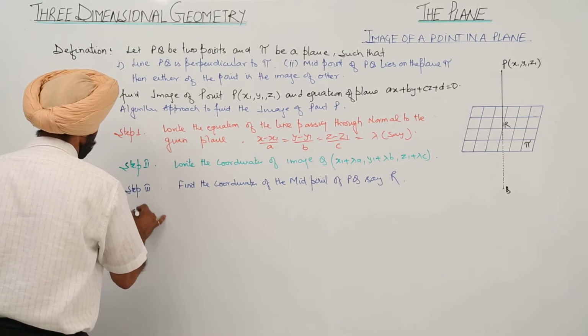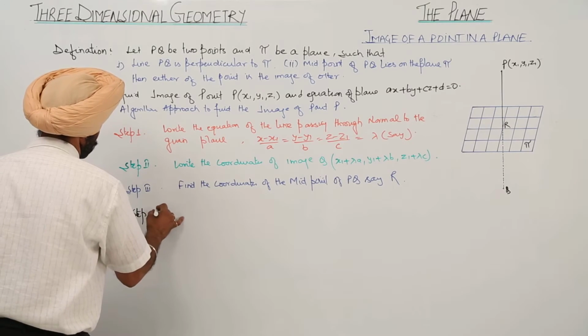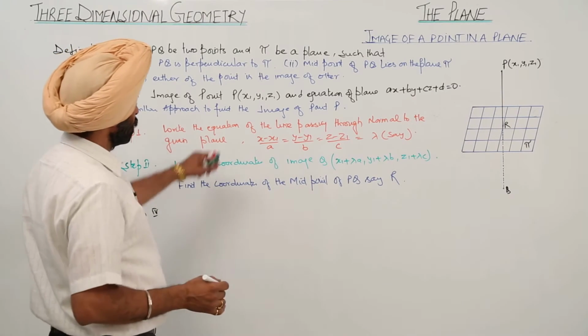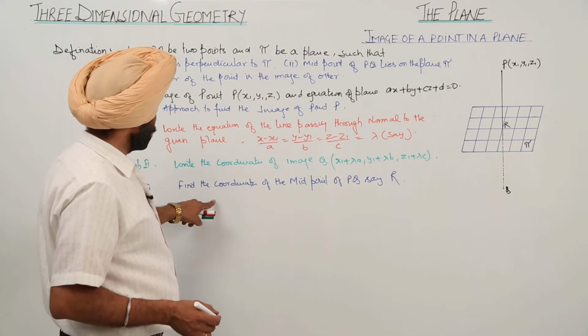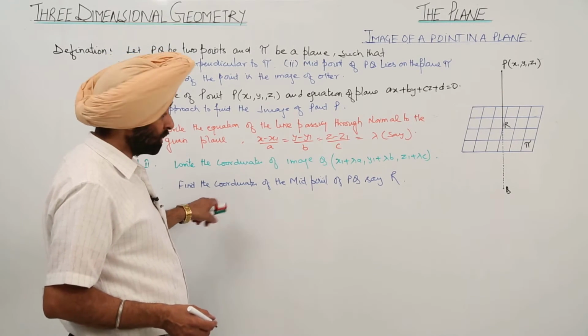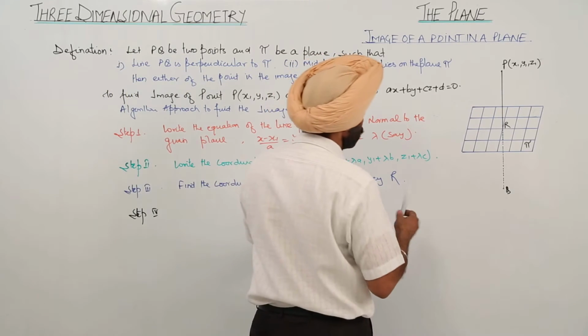Now what did we get? We got, first of all, the equation of a line, then the coordinates of the image Q, then the coordinates of the midpoint of PQ, say R. You can write it using the midpoint formula.